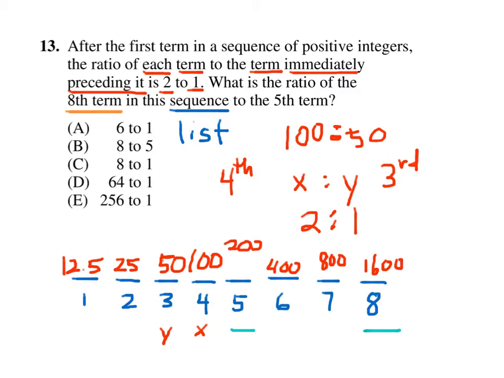Looks like 16 to 2. So 1600 to 200, which is 8 to 1.